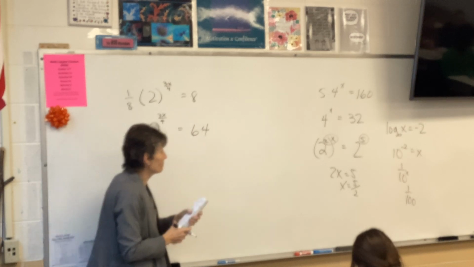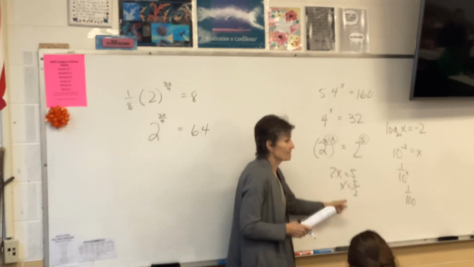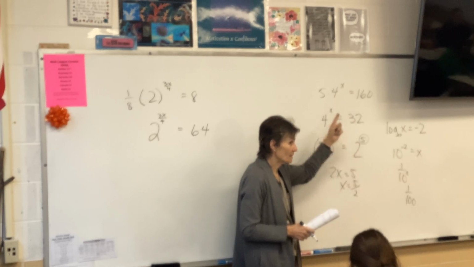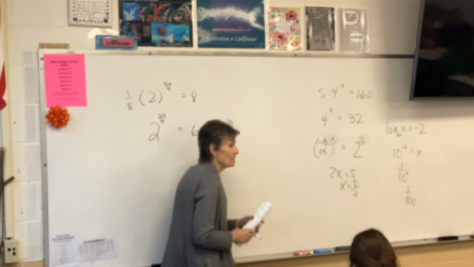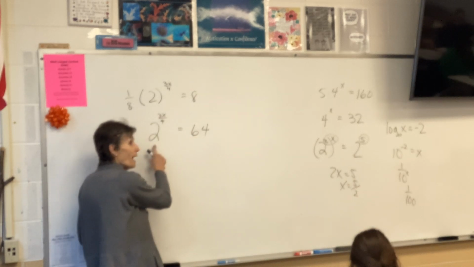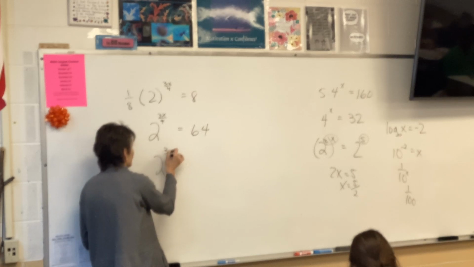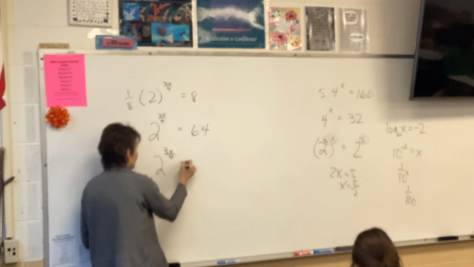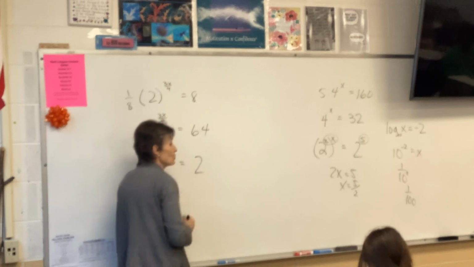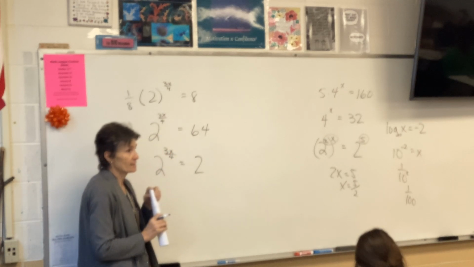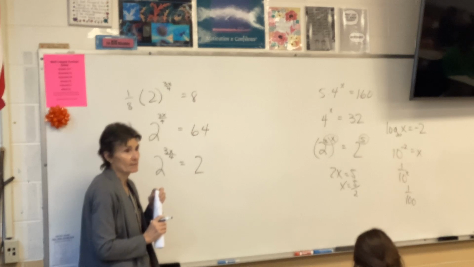This problem is exactly like this one, you guys. I need to get a common base. And my common base will have to be 2. How many 2's does it take to get to 64? 6.